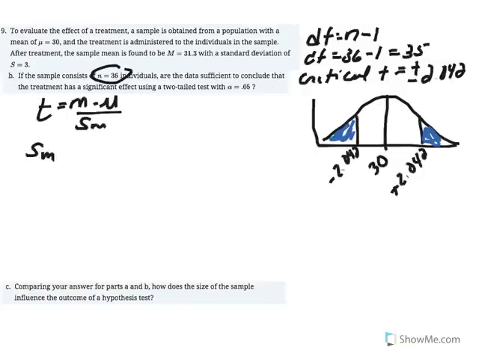We're going to need to calculate our standard error. We have our standard deviation, which is equal to 3. So let's write our equation first: standard deviation divided by the square root of n, and that's equal to 3 over the square root of 36, which is 3 over 6. In our calculators, 3 over 6, and we should get 0.5.